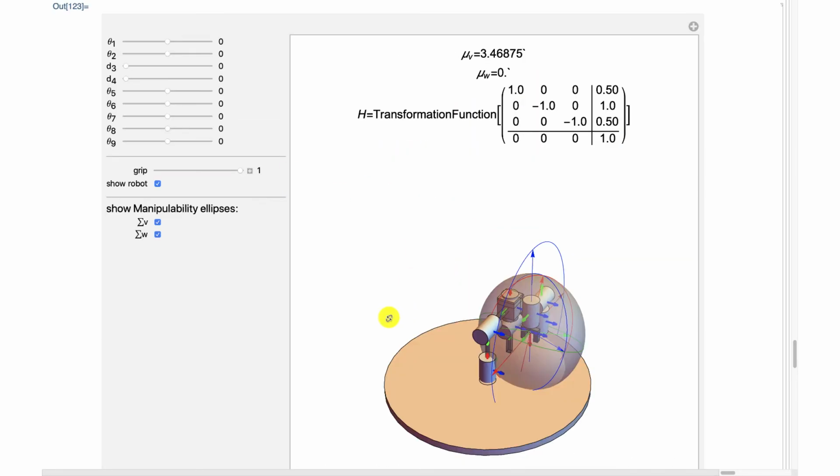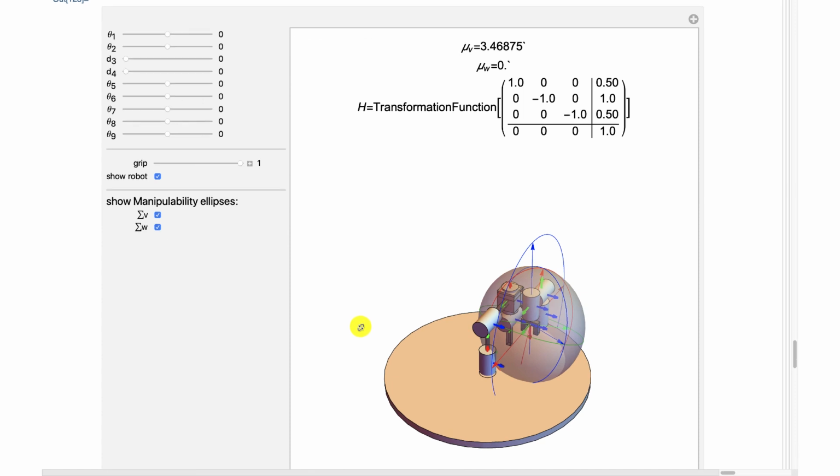Can't do it. And there's no way to put this robot into a singular configuration for its velocity. And that's because it's got 2 prismatic joints that are orthogonal to a previous rotational joint, and so it can always move a velocity arbitrarily.